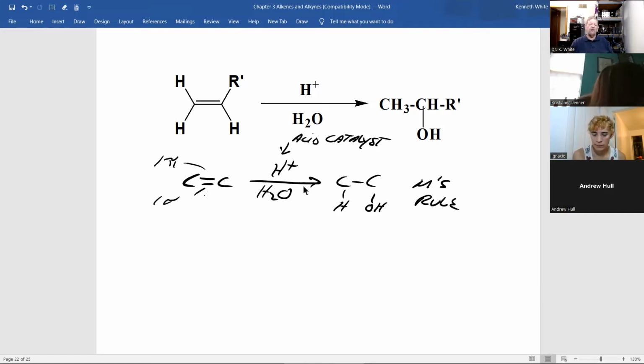Now, usually one acid used here is sulfuric acid, H2SO4. There's some acids that are used here you're not going to learn about this semester, like methane sulfonic acid and toluene sulfonic acid. But they all donate a proton, H plus, because an acid is a proton donor.